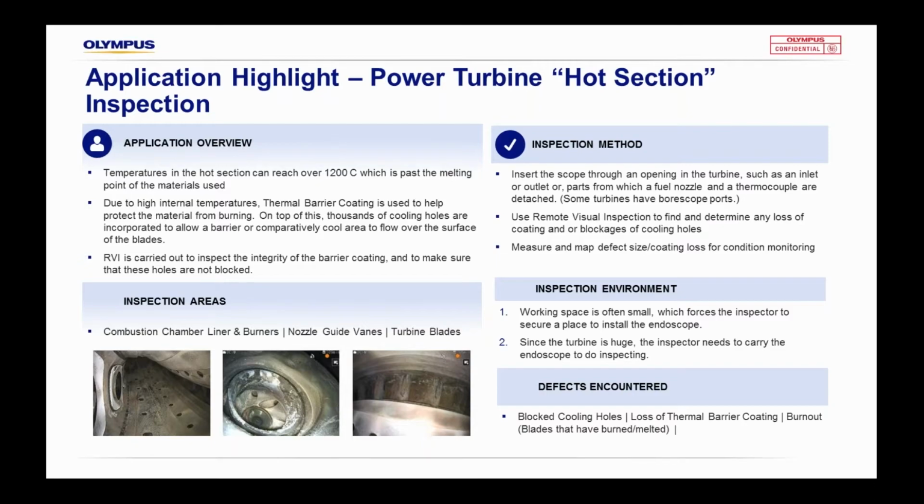Also, they introduce things like thermal barrier coating, which tries to, again, reduce the effects of the temperature. So one of the most common inspections, specifically in the hot section, is looking at these turbine blades, nozzle guide vanes, the combustion chamber, etc., to see if there's any loss of coating, or to see if any of these holes have been blocked, for example, which could cause wastage in the future.